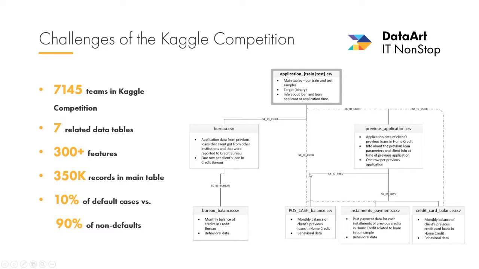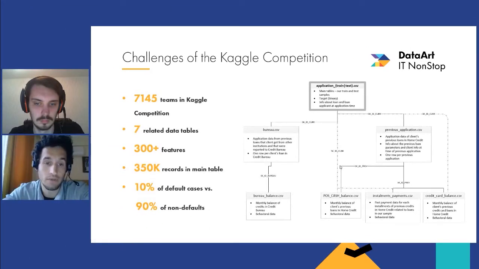In total, for 7 tables, there were more than 300 features. The main table included 120, and the main table also included train and test data sets. They had 350,000 records in them. And the data set was slightly imbalanced. It means that defaults happened only in 10% of cases. So these are the main challenges.